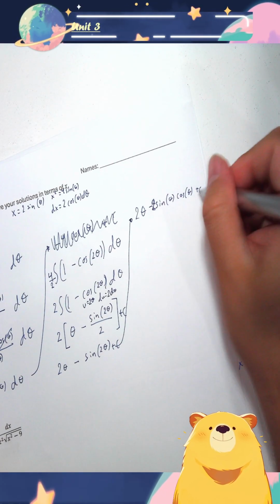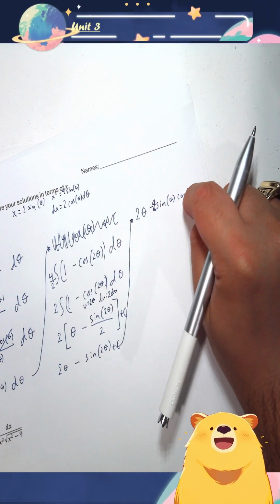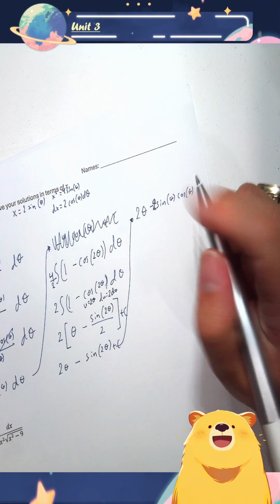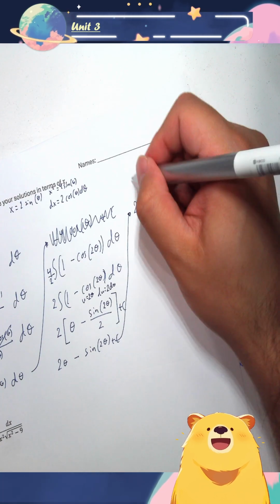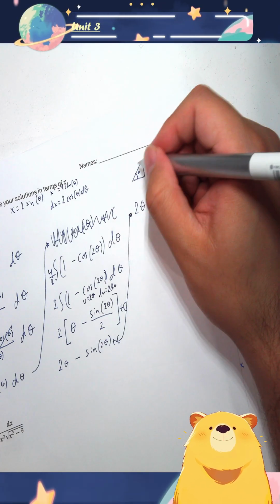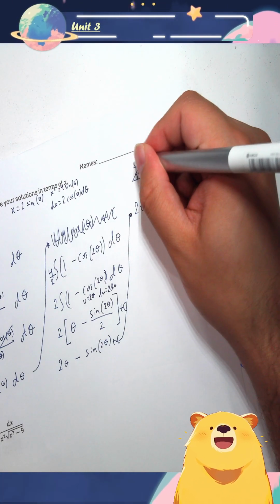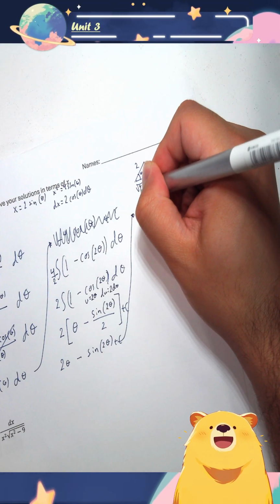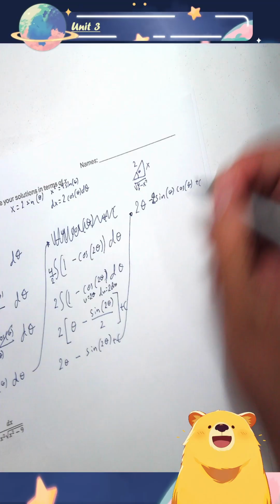Okay. We need to figure out sine of theta and cosine of theta. We know sine of theta is just going to be x over 2, but we need the reference triangle to figure out what cosine is going to be. So opposite over hypotenuse, that means this will be 4 minus x squared.